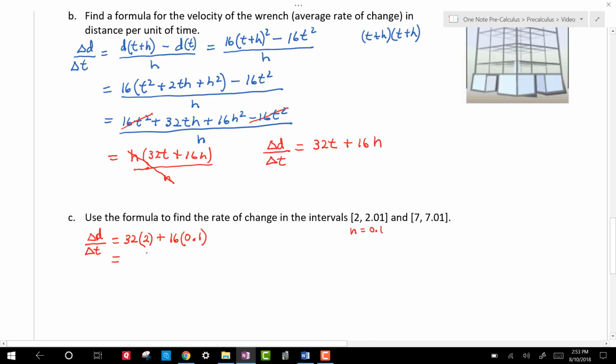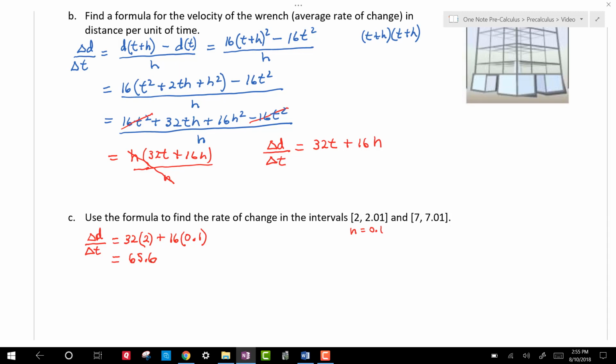And if I do my math, that's going to give me 64, and 16 times 0.1 is... All right, I think I had a wrong answer somewhere, so I was double checking here. So we get 64 plus 16 times 0.1, and that turns out to be 65.6.